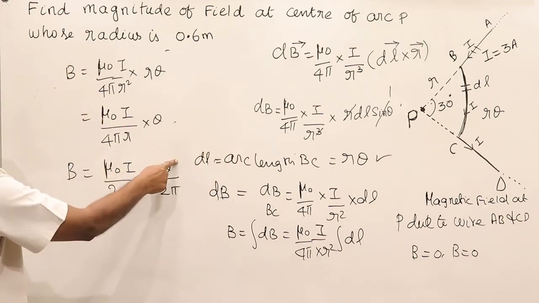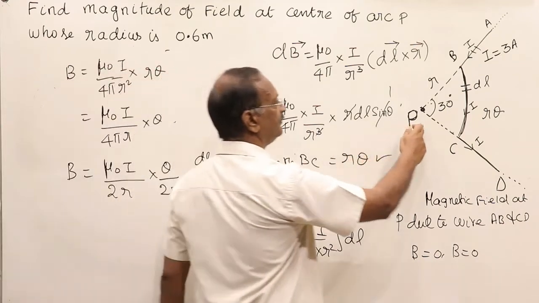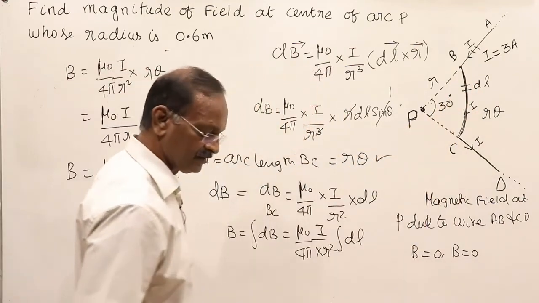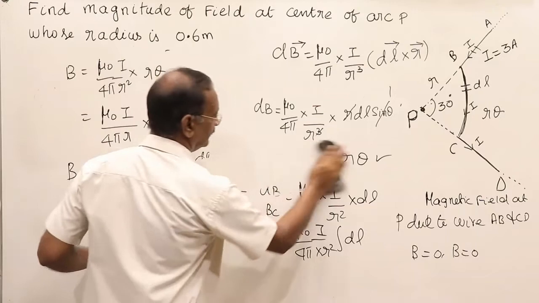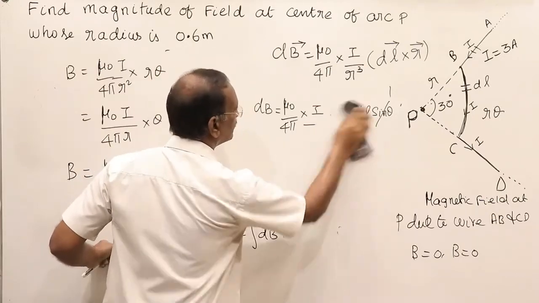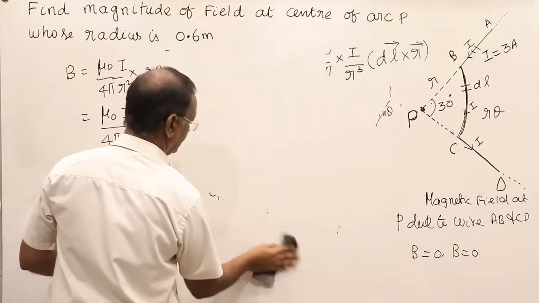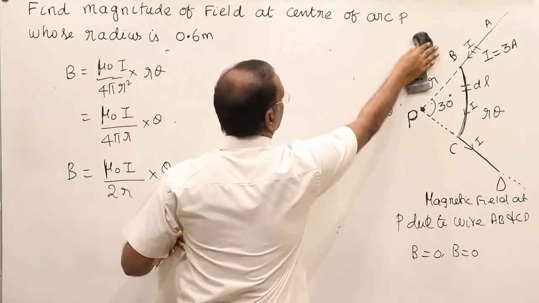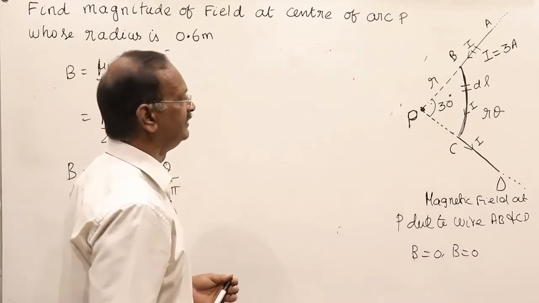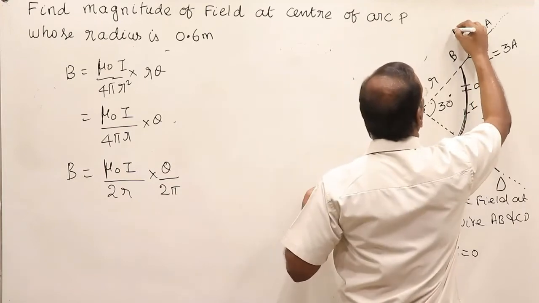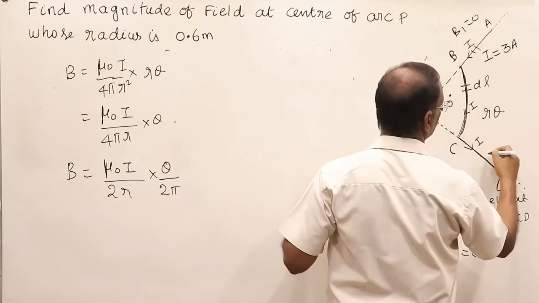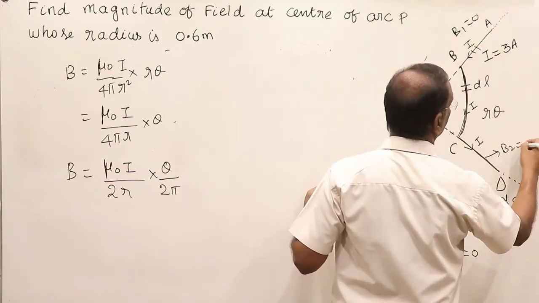So we have to put the angle subtended at the center. This is 30 degrees. So now we can substitute this value. On substituting this value, we get the value of the magnetic field produced by this element. So this portion B1, we call it as 0. This is B2 produced equal to 0.